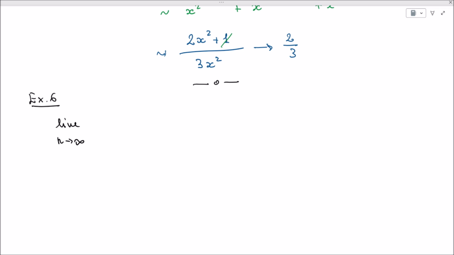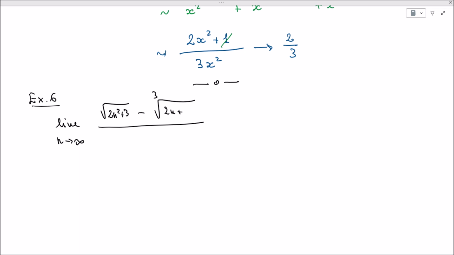Now we have the limit of a sequence, and the difference is that we have a combination of a square root and a cube root. We have the square root of 2n squared plus 3, and then we have the cube root of 2n plus 1, all divided by n plus 4.